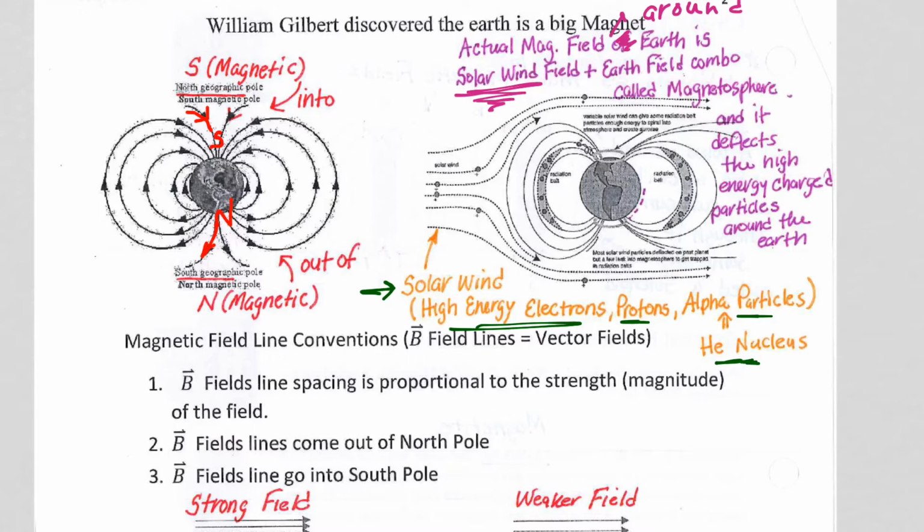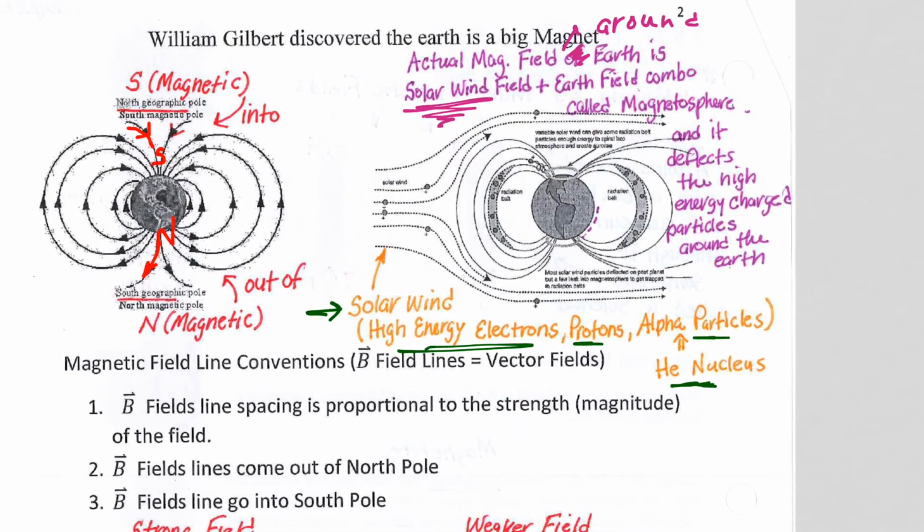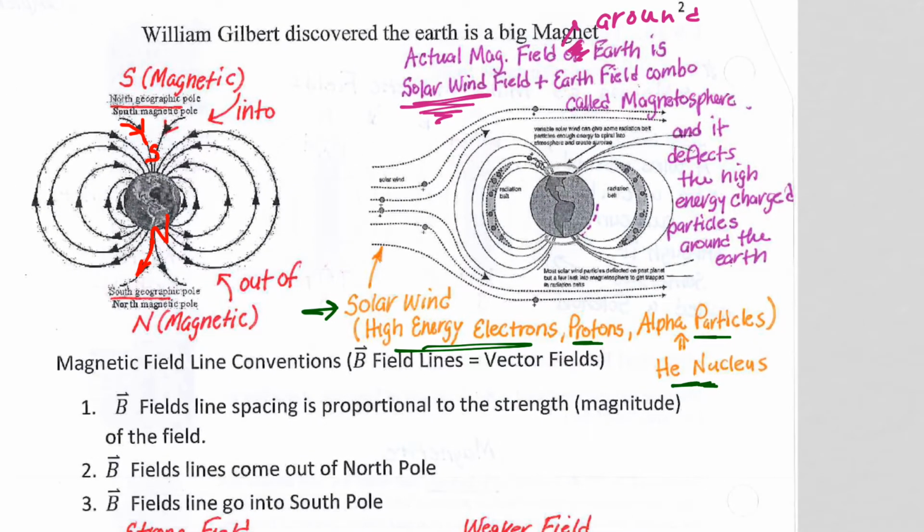And by the way, these high energy particles are very dangerous to human life in terms of impacting biological systems. And we have the protection. We'll see more in this chapter how the magnetic field of the Earth deflects these particles.